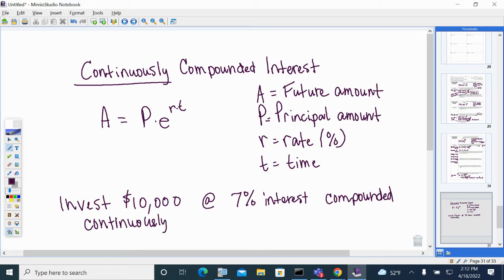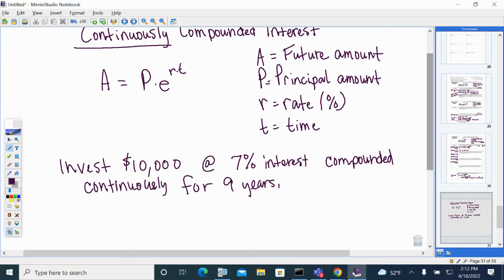I can't spell continuously. Compounded continuously for, let's say, 9 years. Okay? So what we're going to do here is use that A equals P e to the RT. So we have A, which is my future amount.